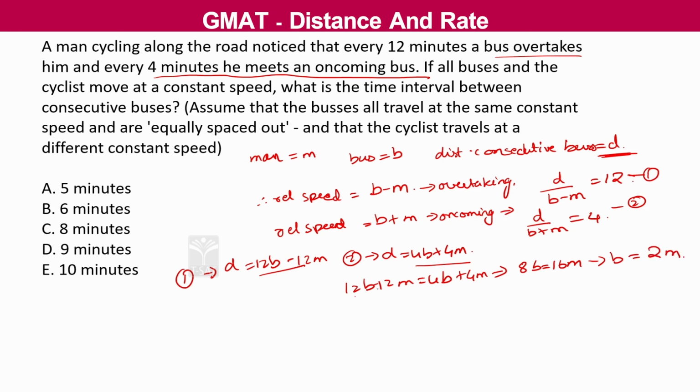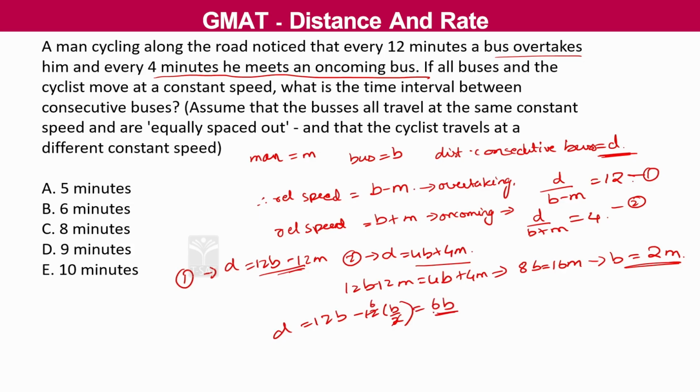Now, we can substitute this value to get d equal to 12b minus 12 times m. Since b is equal to 2m, m will be b by 2. This comes out to be 12b minus 6b, equal to 6b.